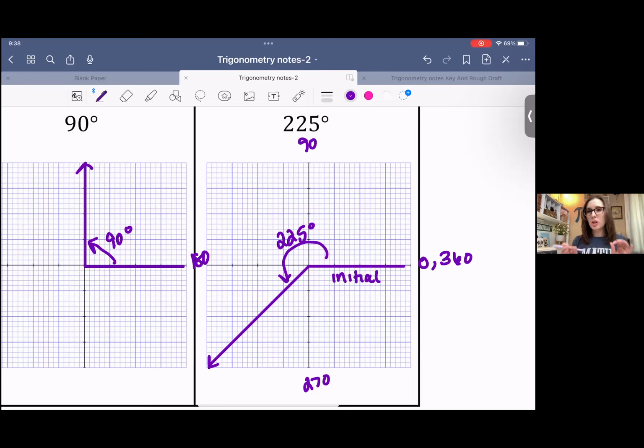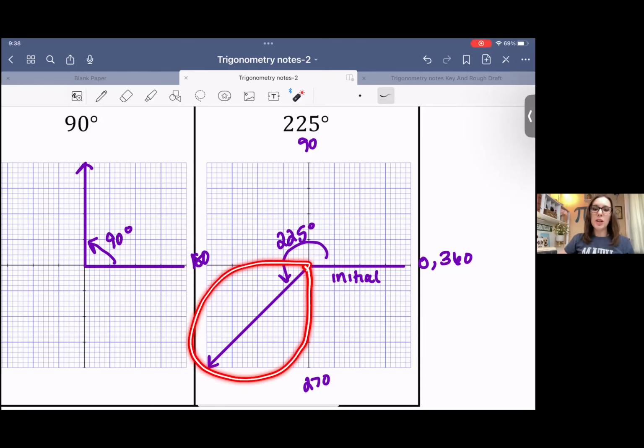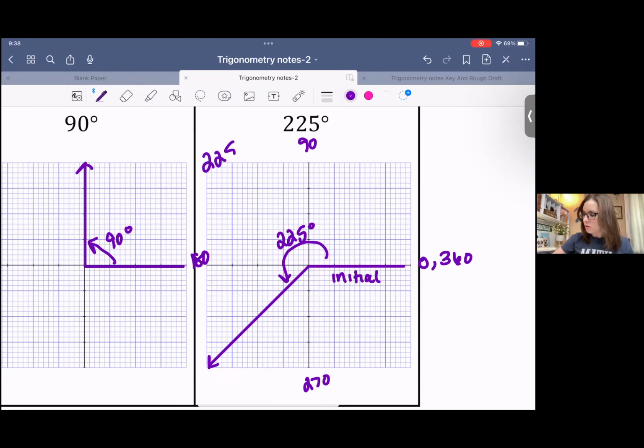225, you might have had to think just a little bit more. I went ahead and labeled the 0, 90, 180, 270, just to give me an idea as to where that was. I knew it was going to be over here between 180 and 270. And so 225 minus 180 is 45.